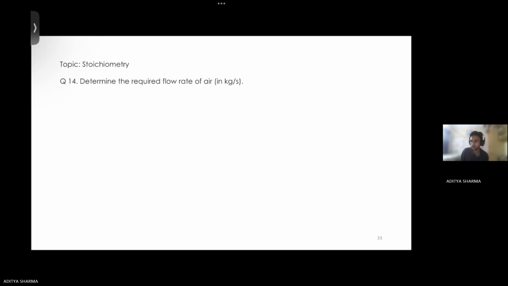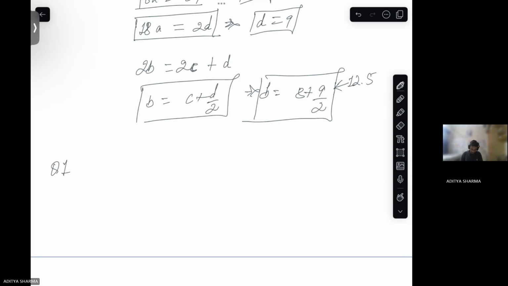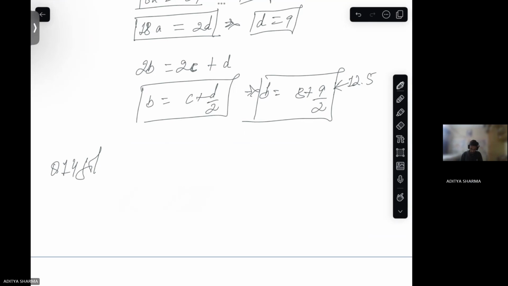Okay, so let's solve this. So we have C3H8, propane, and we have C4H10.